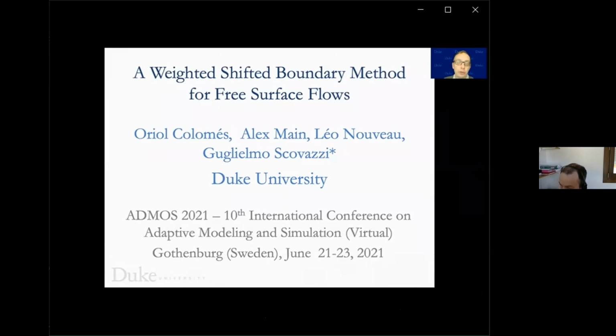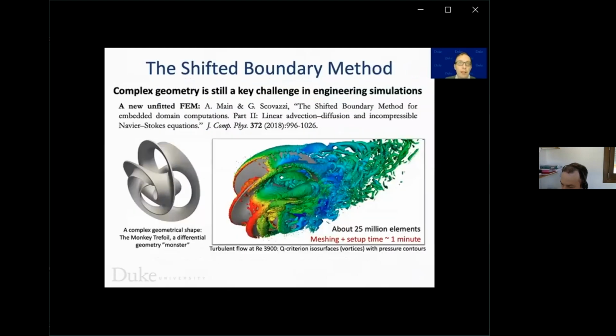Currently Oriol is a professor at Delft University of Technology, Alex Main is a research scientist at ANSYS, and Leo Nouveau is a professor at the University of Rennes in France.